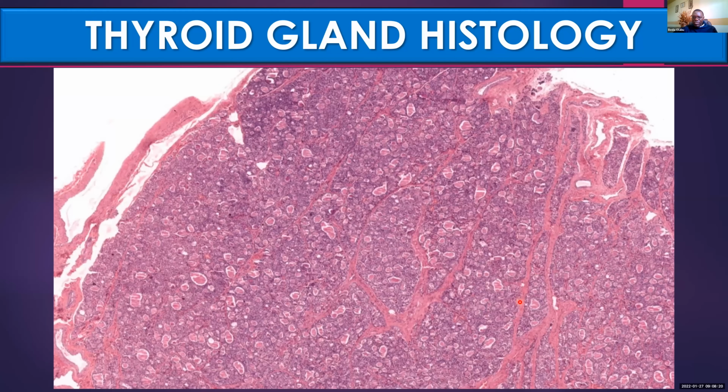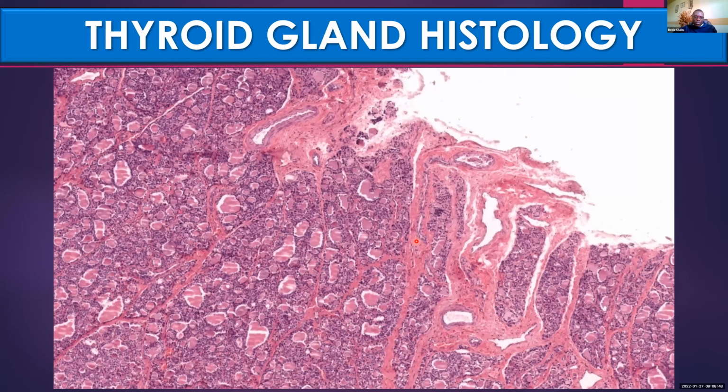These extensions are connective tissue trabeculae, which tend to divide the gland into lobules. Remember, there are two lateral lobes. Now there are smaller lobules, like this smaller lobule, that's another smaller lobule. We can see the connective tissue trabeculae within the gland.